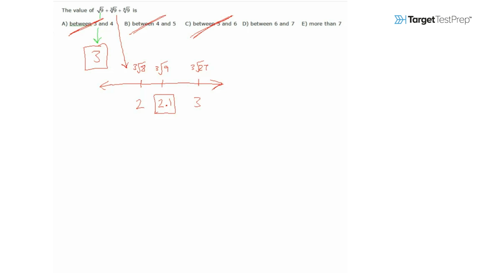So finally, we'll change the color here and do it in blue. We'll do the fourth root of 9. We'll stick that on our number line. And we know that the perfect fourth root below that is the fourth root of 1, which gives us 1. And the perfect root above it is the fourth root of 16, that gives us 2.